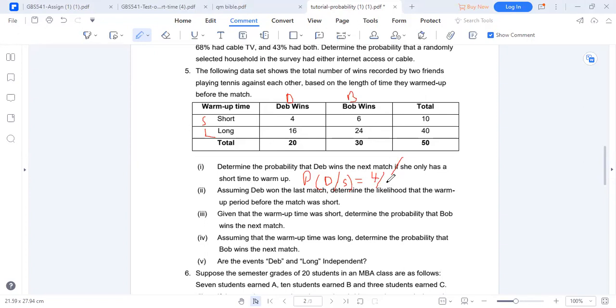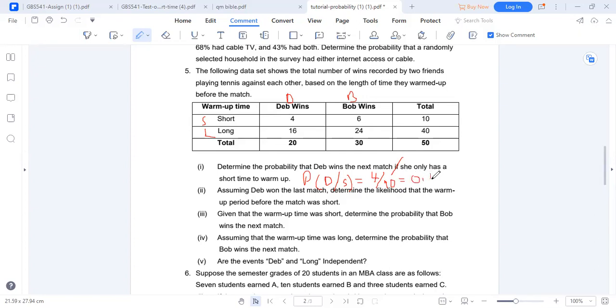Four over 10, yes. Over 20, over 10? Over 10 is correct.